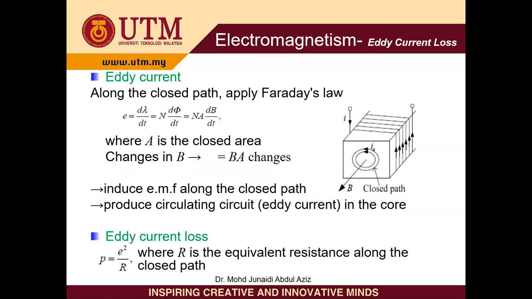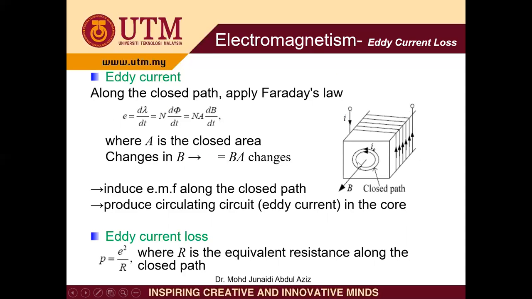The second losses are the eddy current losses. This is a natural phenomenon where, when we magnetize some materials, for example when we wind a coil around a material and a current flows inside the solenoid, a closed-path current is induced inside the core.